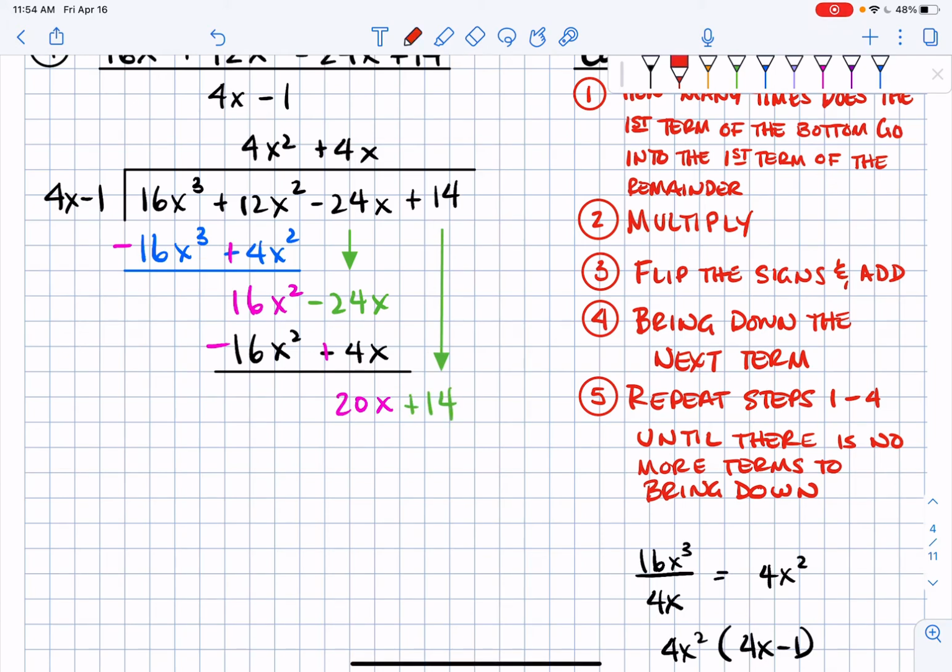So I ask myself, how many times does 4x go into 20? And that's going to be 5 times. Then we multiply, we get 20x minus 5. Then we flip the sign, and we add.